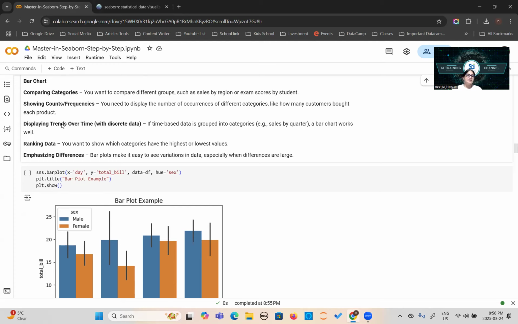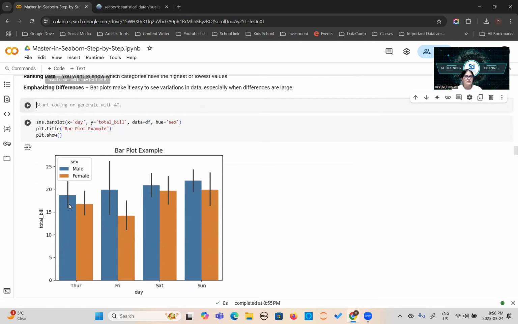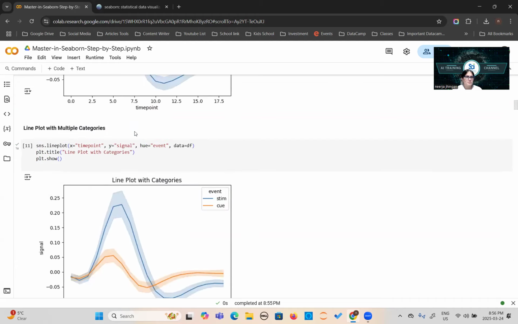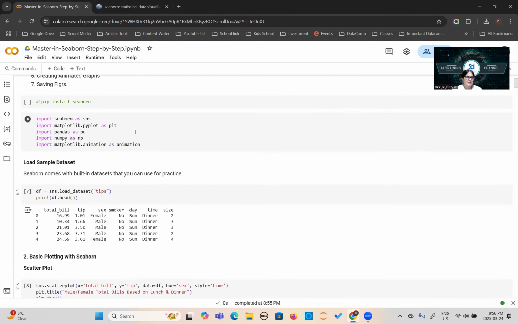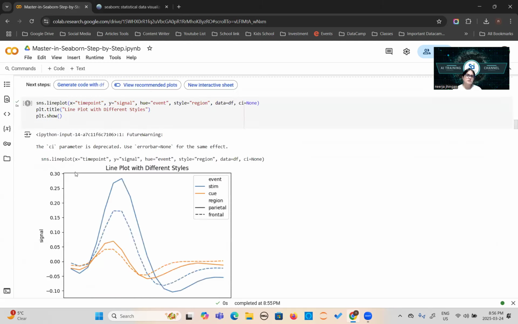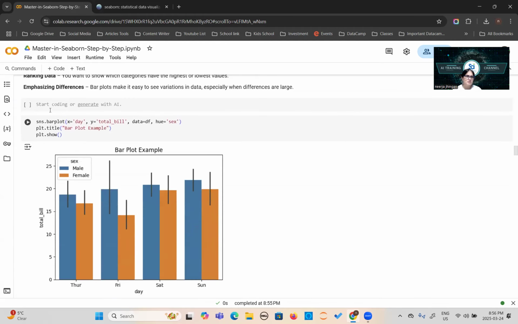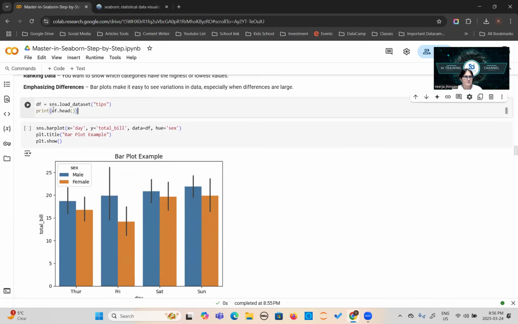Now here, look at this. We have loaded the other data that we used at the start, the tips one. We need to change the name, otherwise it will override. So we will copy this one because we are using the same df for both data types.